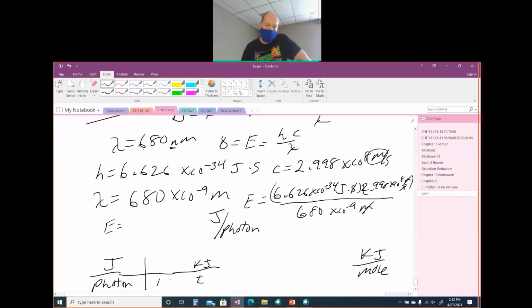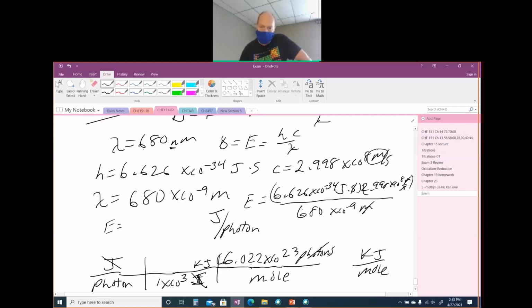K is 1 times 10 to the third, so we have to divide by 1,000. So joules cancel joules, and now we would have kilojoules per photon. We want per mole, and there are 6.022 times 10 to the 23rd photons in a mole. And so the photons cancel the photons, and now you will have it in the units kilojoules per mole.